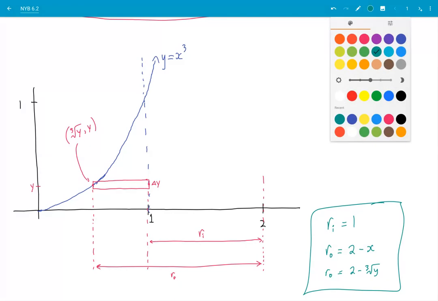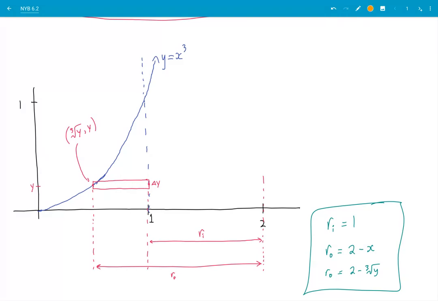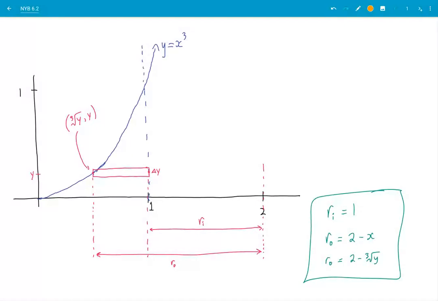Let me get a nice bright color, orange. Now, what is the outer radius? I would think of it as, you start with 2. This is 2. And then you're going to subtract this bit here. So R0 is 2 minus the x value of this point here.